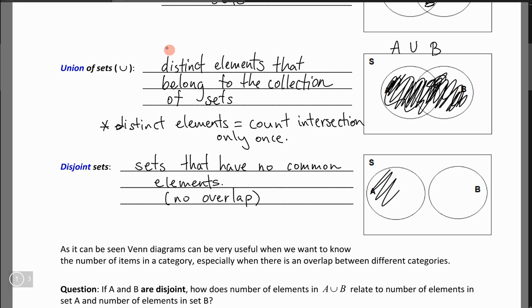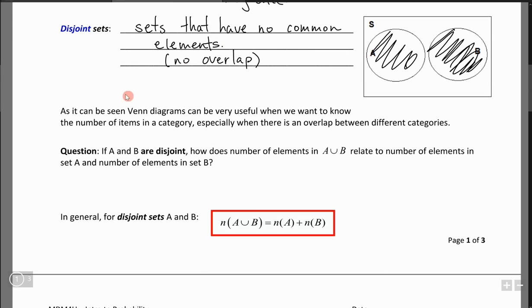So whatever elements I have in A, they are separate from all the elements that I have in B. Okay. So as can be seen, Venn diagrams can be very useful when we want to know the number of items in a category, especially when there is an overlap between different categories.